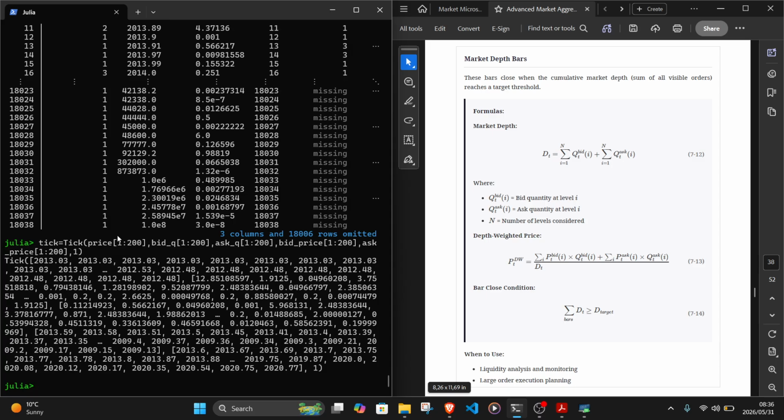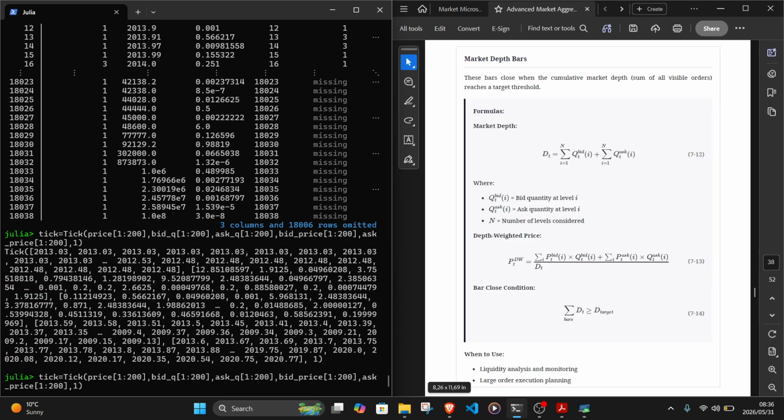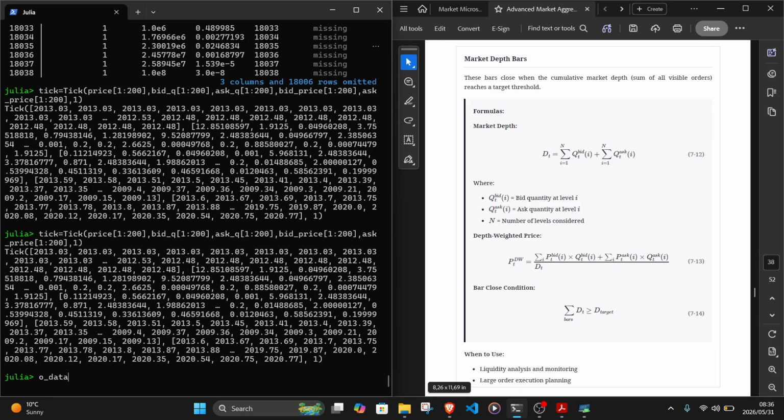And we'll be looking at the first 200 entries of that. So we're just going to take this tick, and our default target threshold is going to be 0.01. Obviously the function does this behind the scenes automatically. So let me just run this.